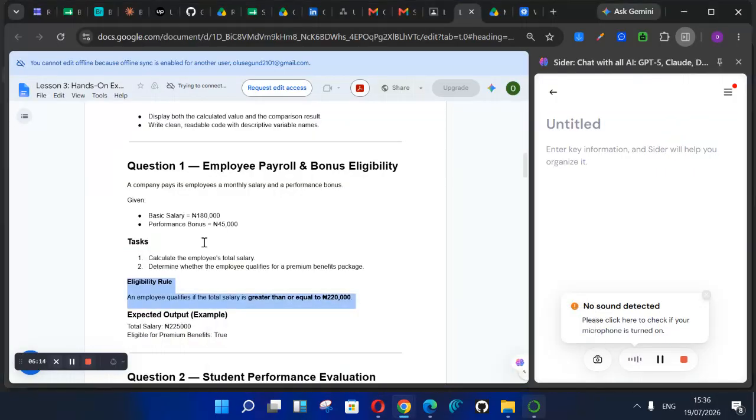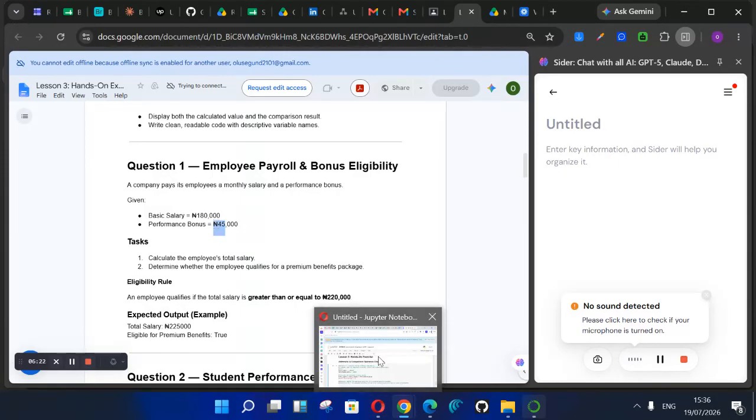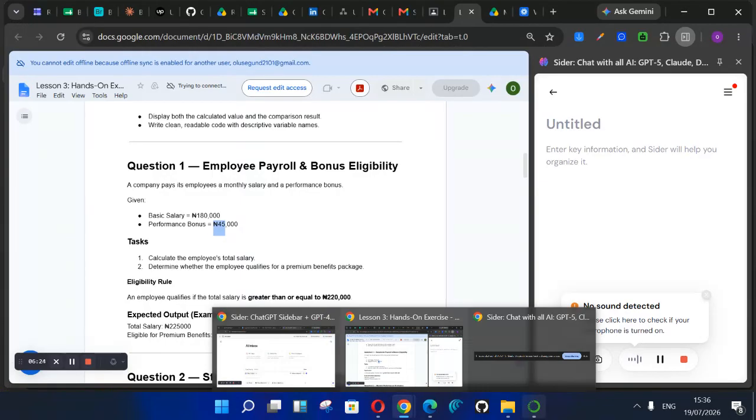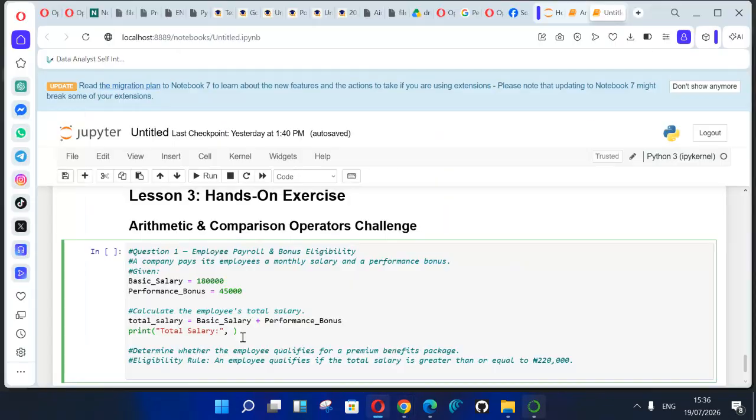I copied the naira sign, so the output should show this, comma, total salary.